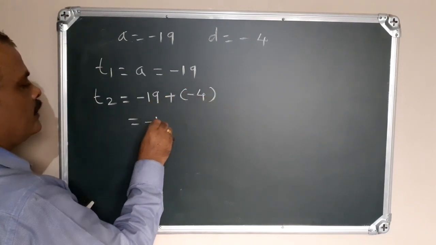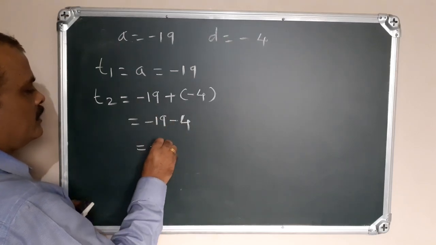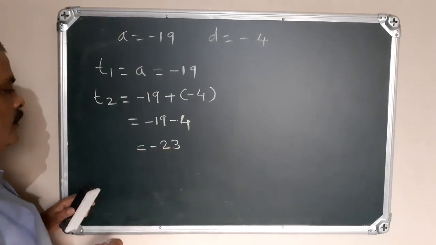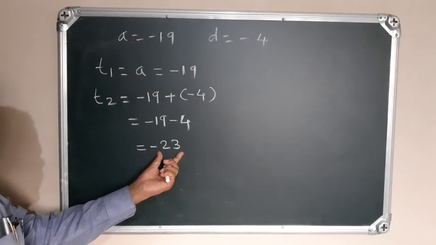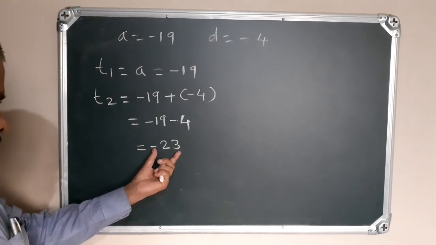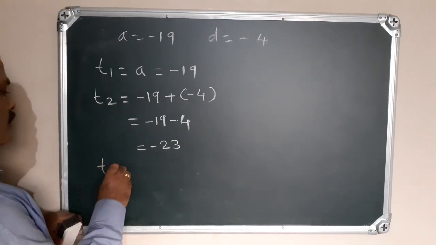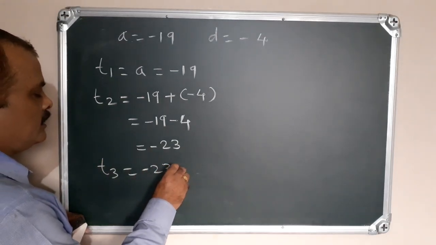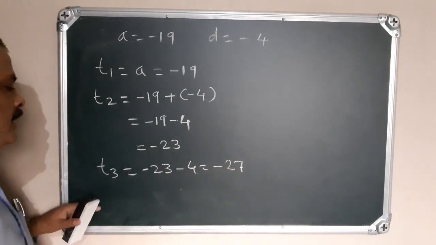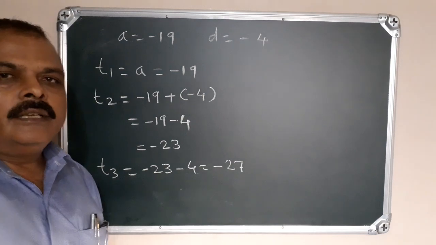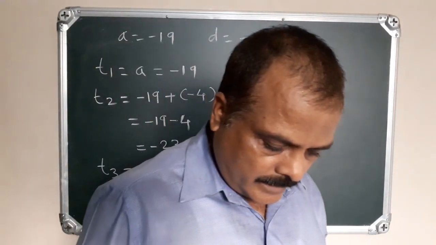So which is equal to minus 19 minus 4, that is minus 23. If we add minus 4 to minus 23, we get the third term, that is minus 27. T3 is equal to minus 23 minus 4, that is minus 27. Like that we can calculate the fourth term and we can write the AP.